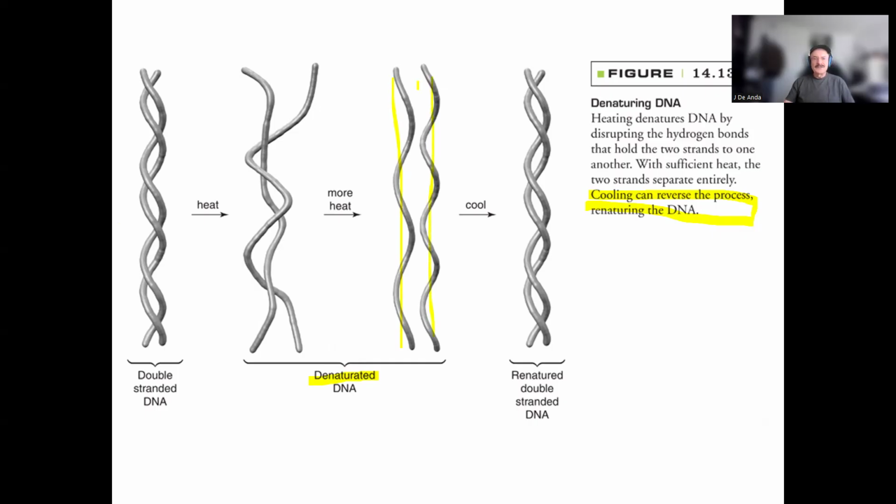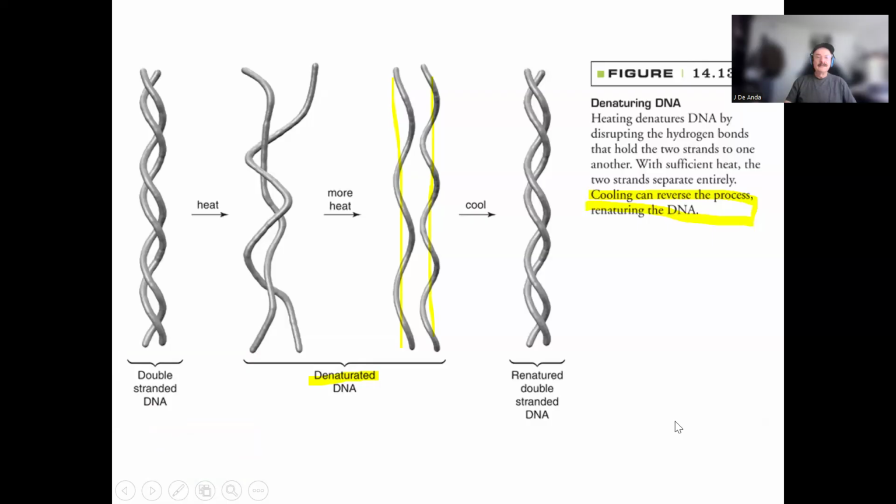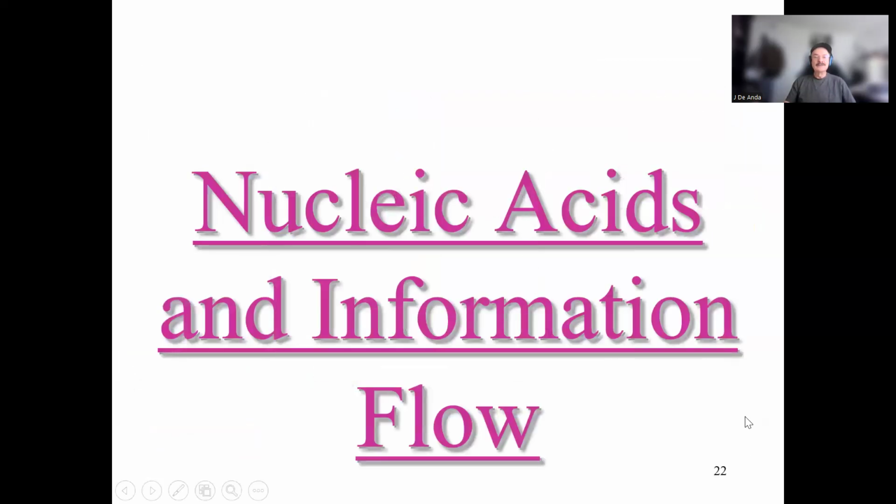In other words, the sequences of nucleotides on one strand can actually find their complementary sequences on the other one and reform the complete double-stranded DNA. Like I said, this is not always possible, but many times it's very helpful if you want to introduce your own modifications into the DNA.